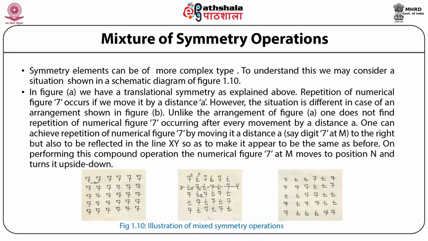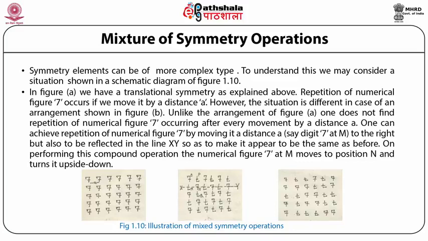Unlike the arrangement of figure A, one does not find a repetition of numerical figure 7 occurring after every movement by a distance A. One can achieve a repetition of numerical figure 7 by moving it a distance A, say digit 7 at M, to the right, but also reflecting it in the line XY so as to make it appear to be the same as before.